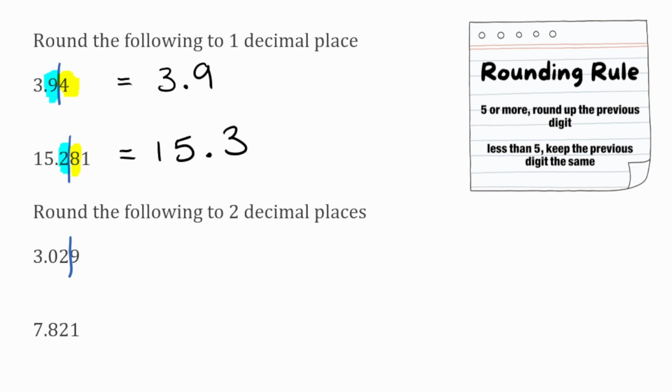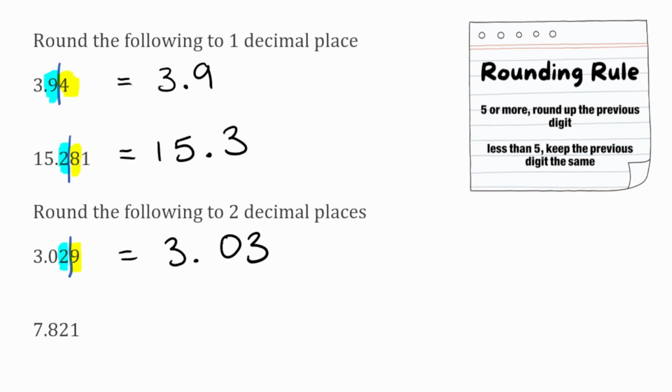And we do that by looking at the digit on the right-hand side, which is a 9. So because it's a 9, that means we're going to round up our 2 to a 3. So 3.029 would round up to 3.03.